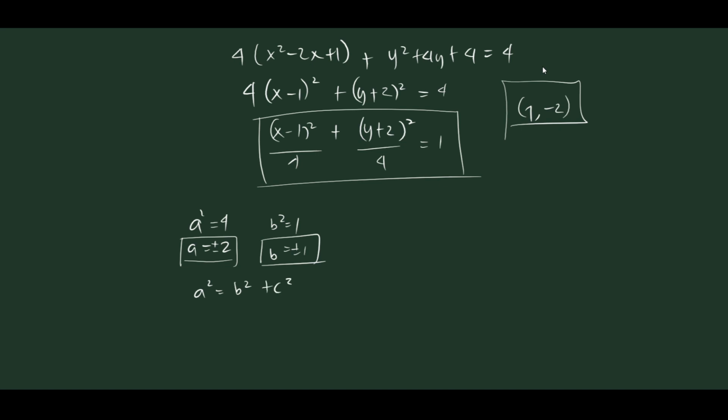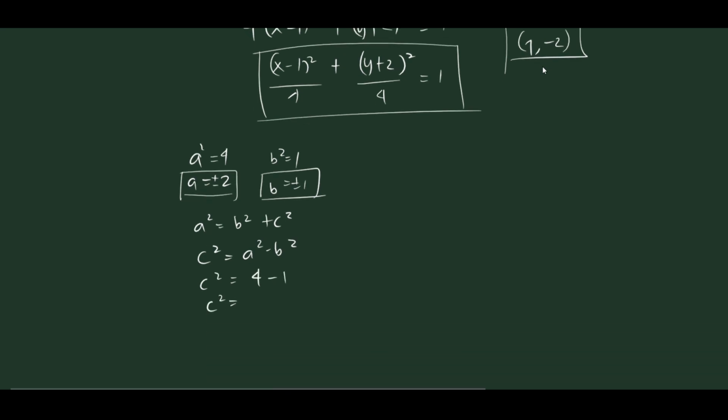So c squared is equal to a squared minus b squared, c squared is equal to 4 minus 1, so c squared is equal to 3. And then c is equal to positive negative square root of 3. Okay, so there you have it. So this is our c. We also have our a.